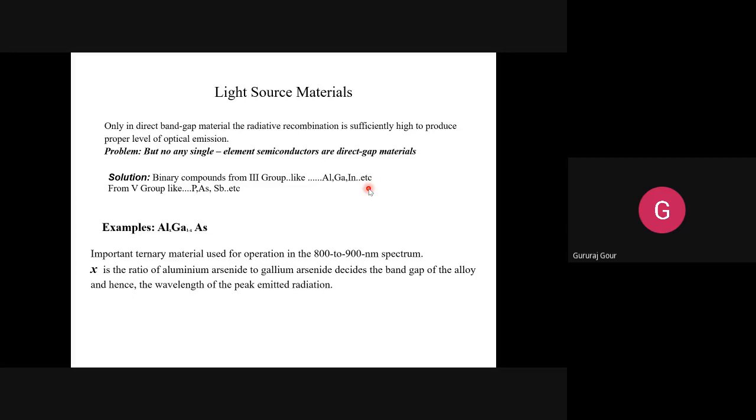But this optical emission, the directional or coherent output, is possible only from direct band gap material. But no single element semiconductors are direct band gap material. That is the problem.